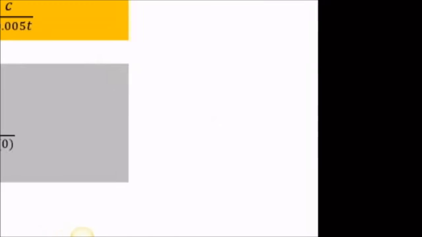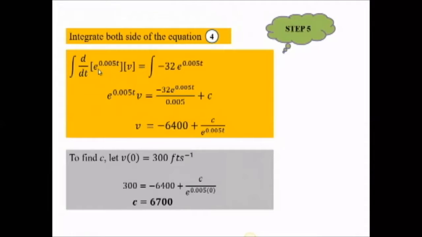So we get exponent 0.05t times v equals negative 32 exponent 0.05t over 0.05 plus c. So we get the value of v.